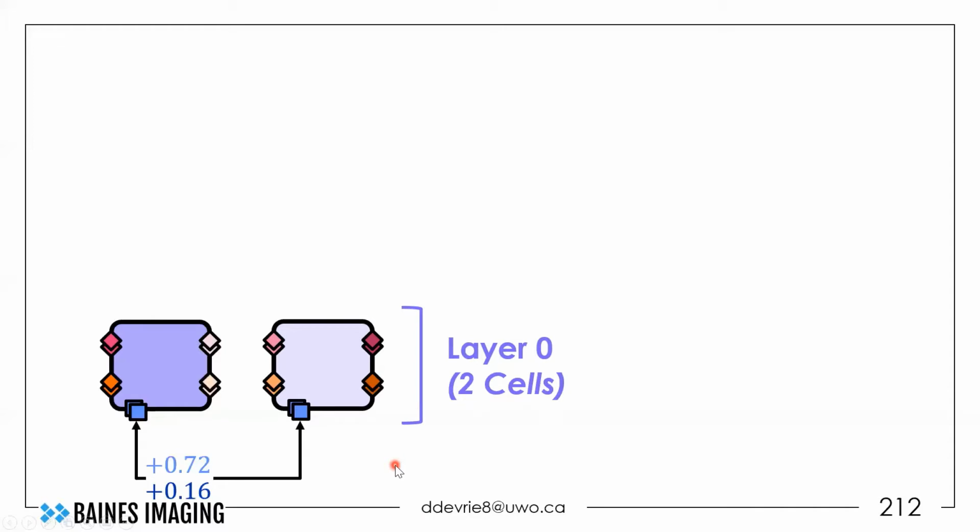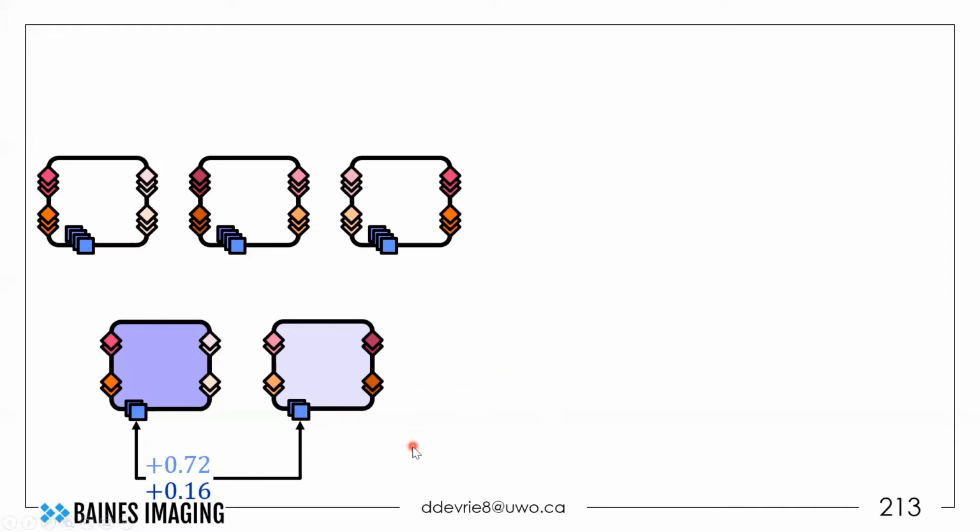Then we can add on a second layer. And this second layer, again, we could have different dimensionality for our hidden layer, our memory, and our inputs. And again, we could have multiple cells. So here I have 3 cells.